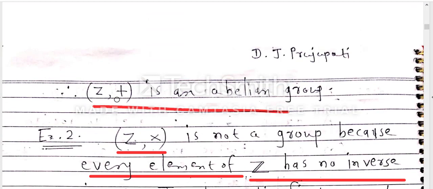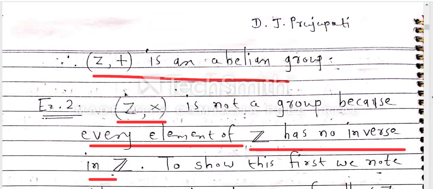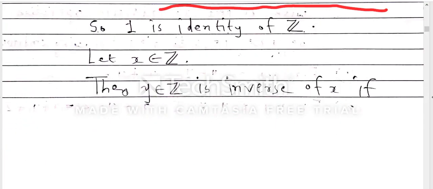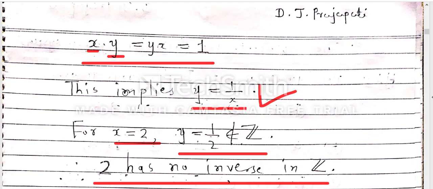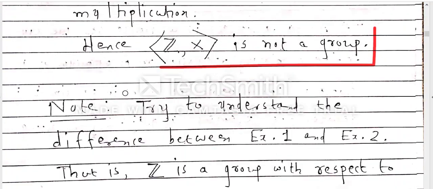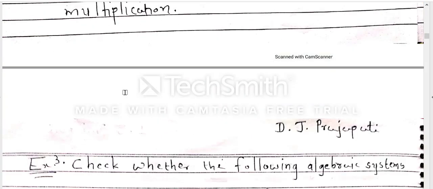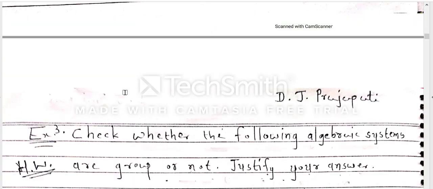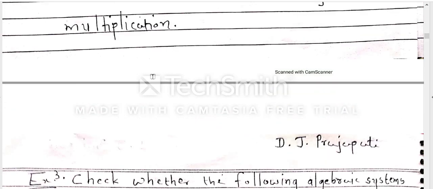So the same set may be a group with respect to one operation and it may not be a group with respect to another operation. So the binary operation on a given set is very important. Whenever one says that a given set is a group, you must ask under which operation.